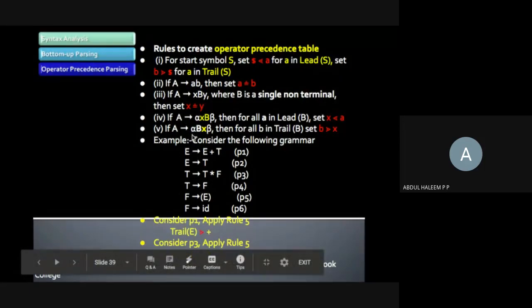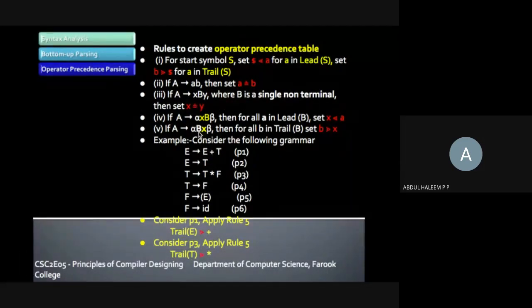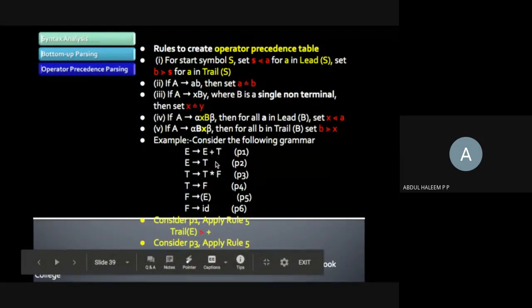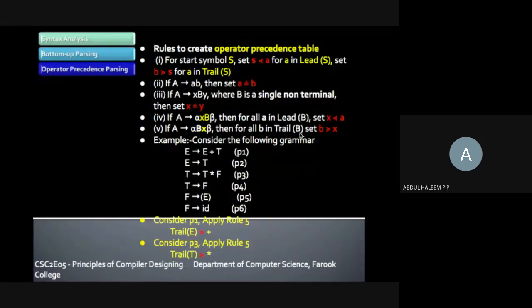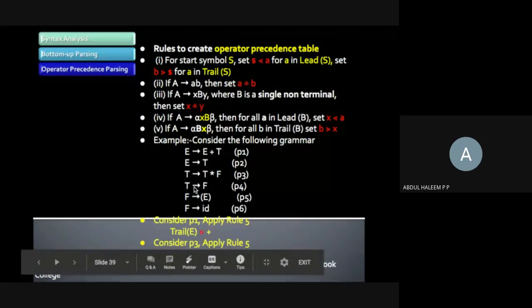So if A derives alpha bx beta, we'll take up P1. We know that Bx is here, E plus is here. So E plus is of Bx format. So rule number 5 can be applied on P1. So what is rule number 5? Trail of B is greater than X. So trail of B is E here, trail of E having greater precedence than plus.